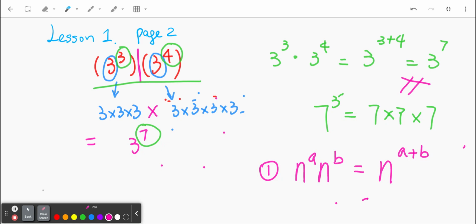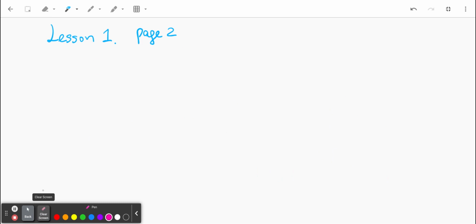So this is multiplication. But what if we have division? How do we look at division? If we have 4 to the power 12 divided by 4 to the power 3, what's going to happen? Let me just use smaller numbers, okay? 4 to the power 5 divided by 4 to the power 2.